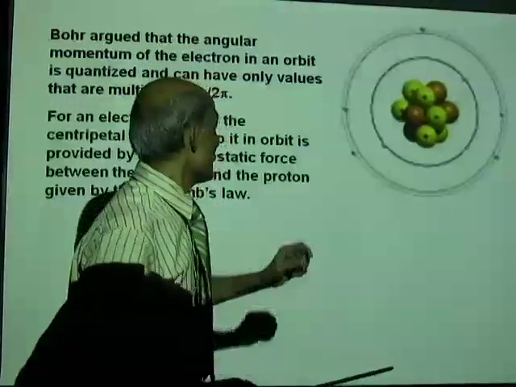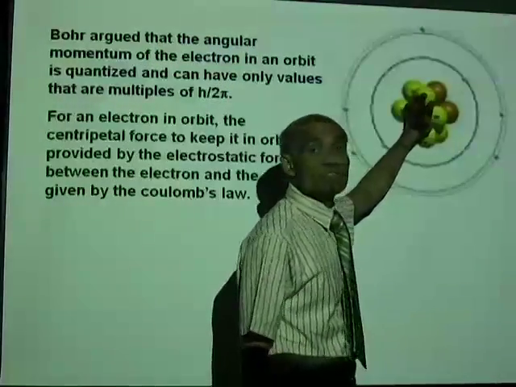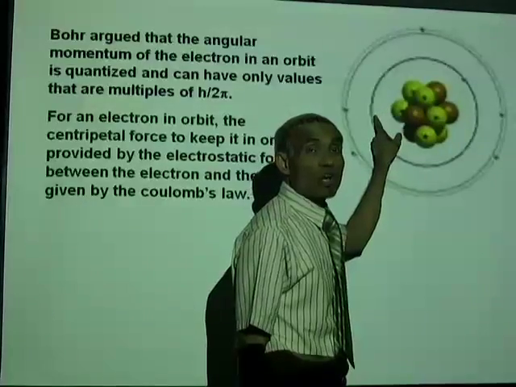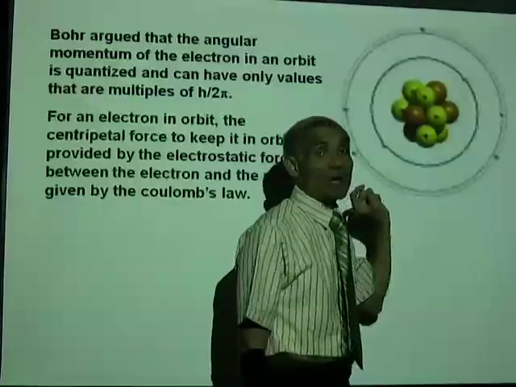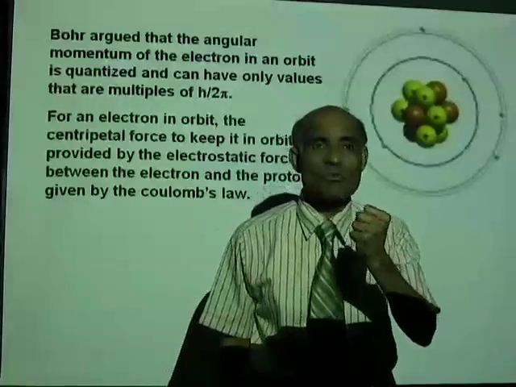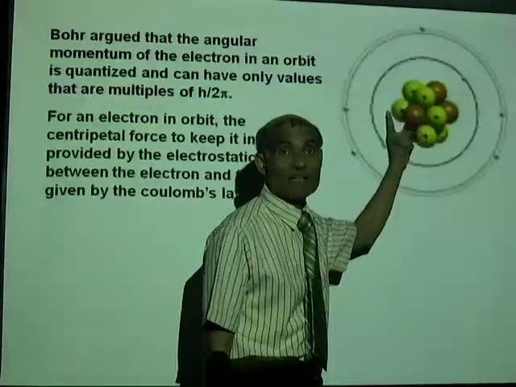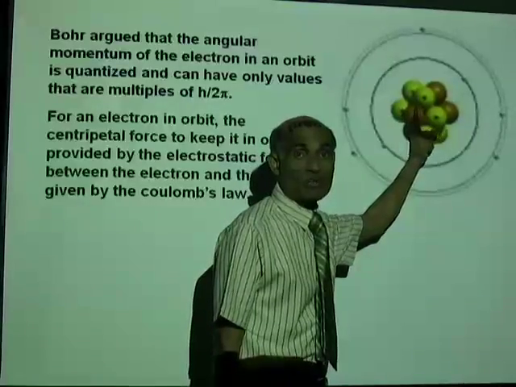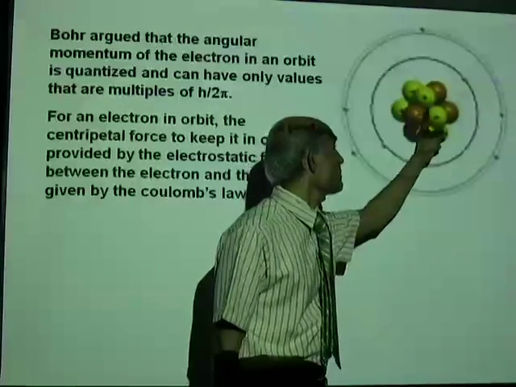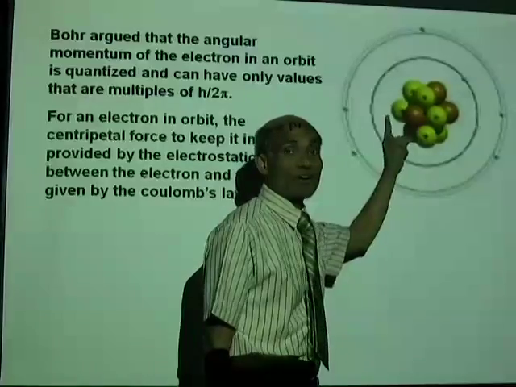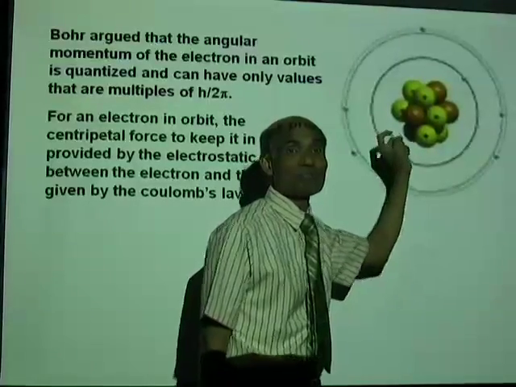So, when you have one proton in the nucleus and one electron in an orbit around it, what is the electrostatic force between them? Each has a charge e, is that right? So that will be Q1 Q2 divided by r squared, where r is the radius of the orbit.